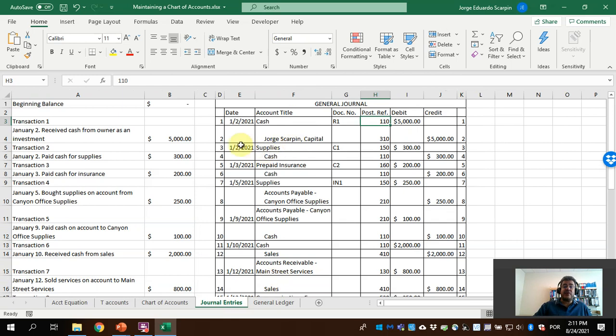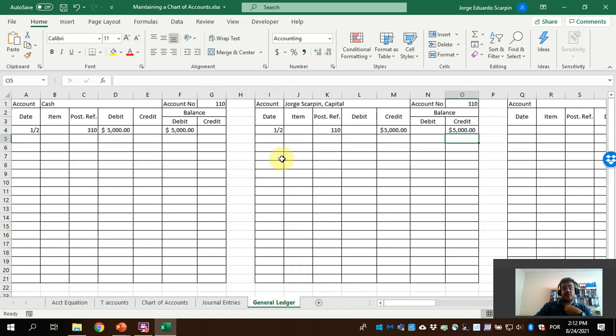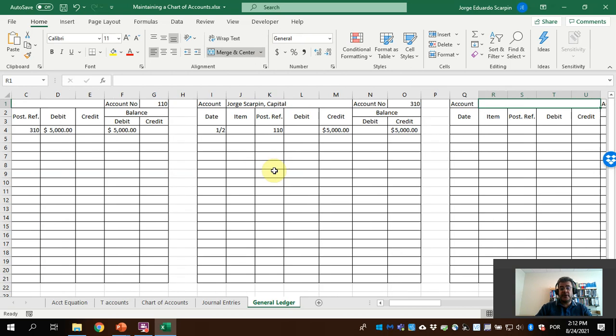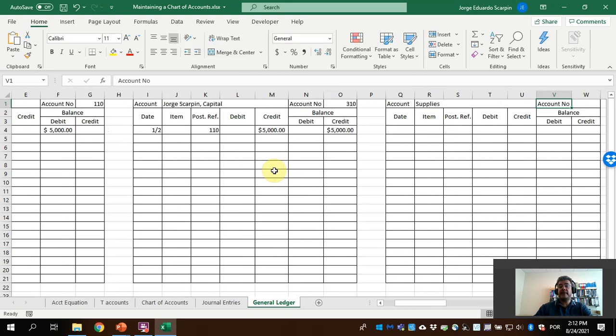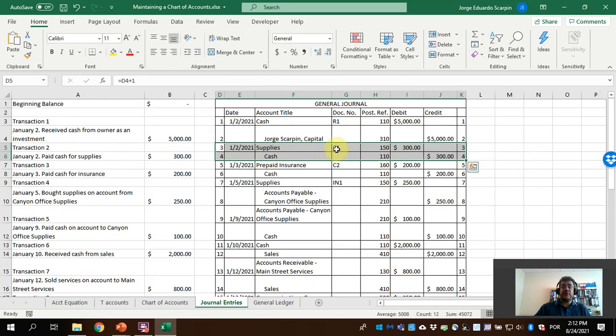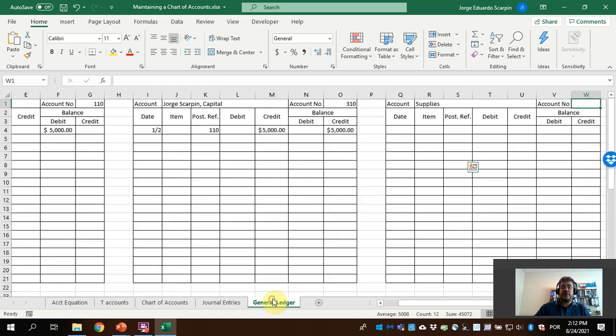The second transaction here, supplies and cash. We have no general ledger for supplies yet. So let's open it. Supplies. The account number for supplies is 150. What is the date?